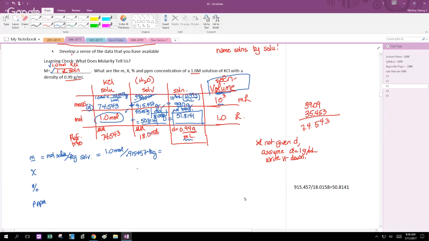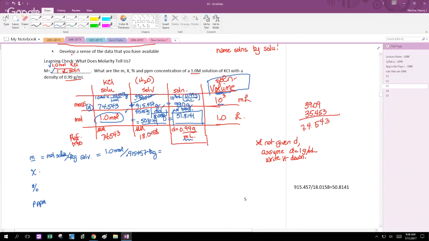Unless your density is very different from 1, your molality and your molarity are going to be very similar. So just a quick rule of thumb is they should be fairly similar numbers. If they're not, then you've made a math error somewhere.